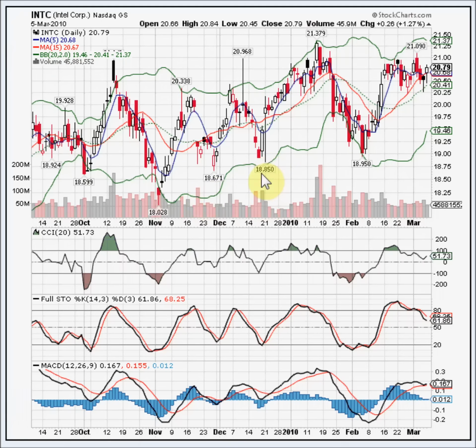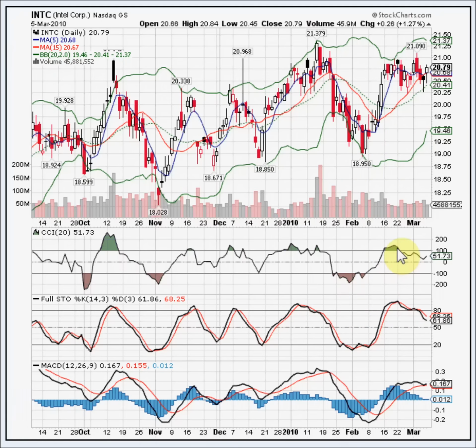So this would have been a good run. About 18.85 to 21.35. That's $2.50, almost straight up. This would have been the best one right here, and this would have been the quickest one right here with a very clear buy signal and a very clear sell signal here.